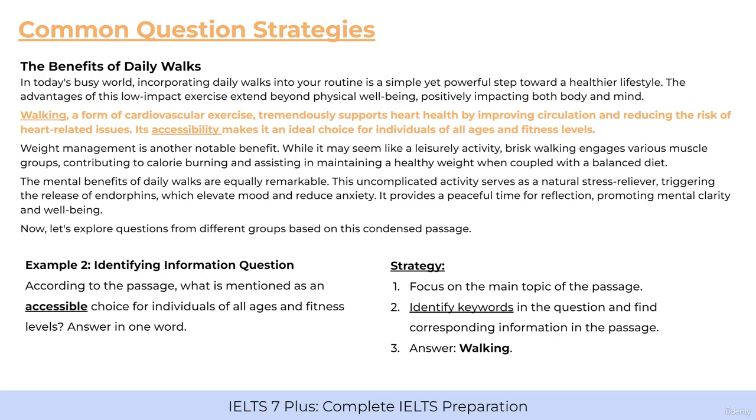That's a common way of answering questions, jumping back between the question and the text, underlining key information and trying to zone down where you think the answer will be.